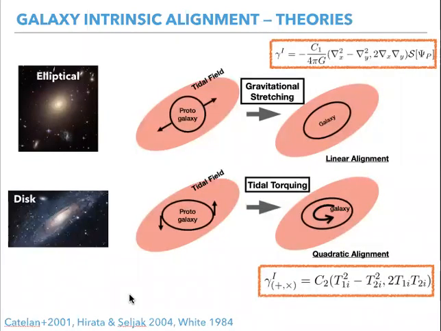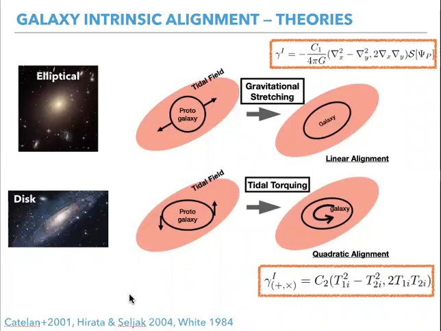The tidal field is thought to be the main origin of galaxy intrinsic alignment. For ellipticals, which are dispersion dominated, it's thought that the intrinsic alignment is mainly produced by gravitational stretching.